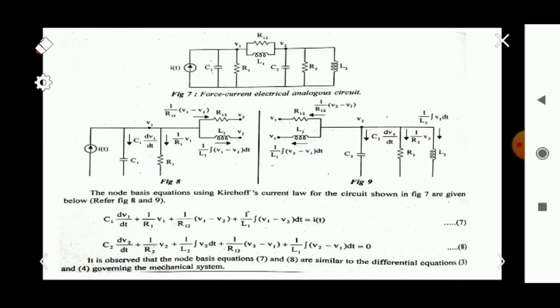So the figure is like that. The first node is this and the second node is here. For the first node we have I of t, a capacitor C1, a resistor R1, a common resistor R12, and a common inductor L1.